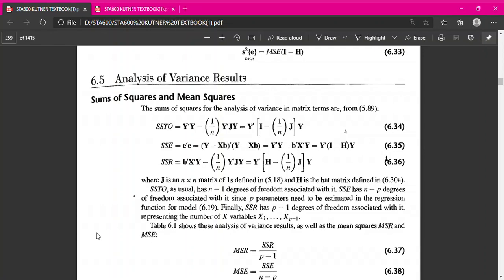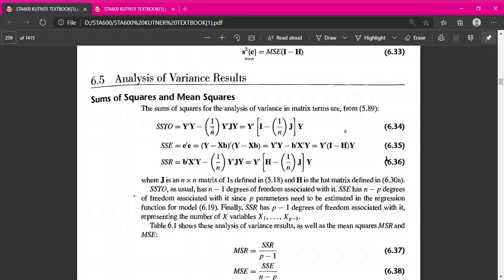Alright, if you can remember, to find the SST using the matrix approach, it is y transpose y minus 1 over n multiplied by y transpose multiplied by J multiplied by y. You know how to transform the raw data into the matrix of y.